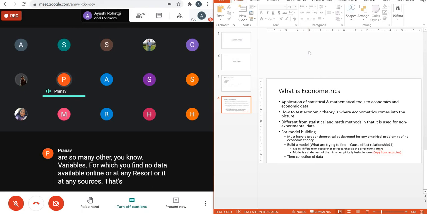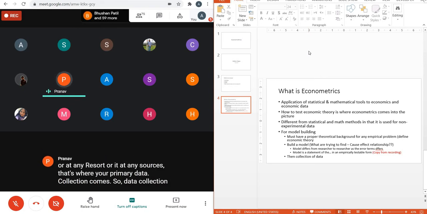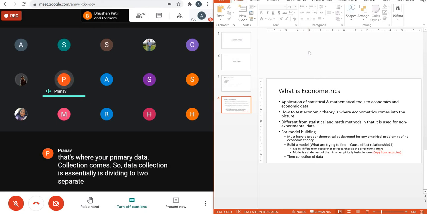That's where your primary data collection comes. So data collection essentially is divided into two separate aspects, primary and secondary. We are not going to those aspects, but at least a cursory understanding will take you places. So अगर आपके पास data easily available है on various places में, you download those data, you filter, you apply, just sort your data so that you can use it for your own question.